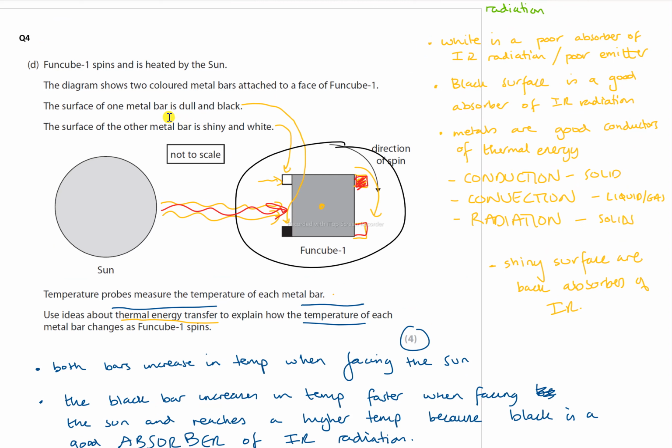What I should have written, because the first part, A, B, C, explain that they're in space. They're not on Earth. This is in space. So there's a vacuum.